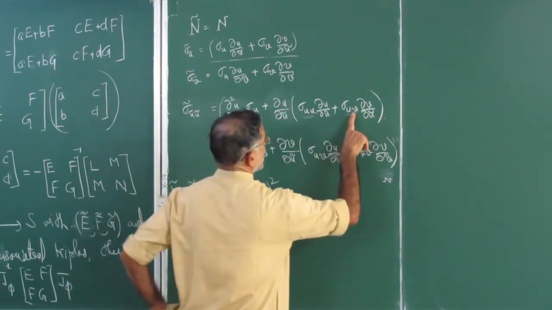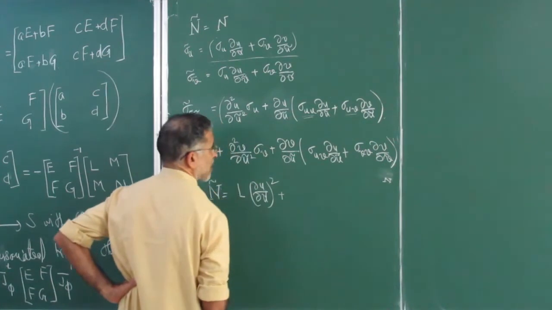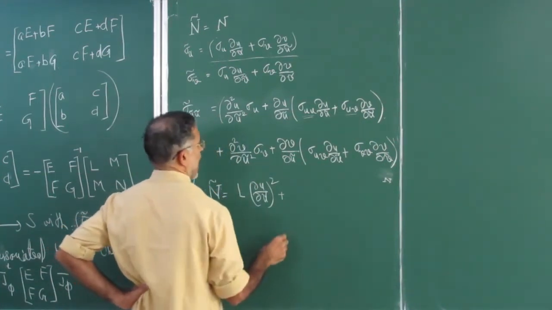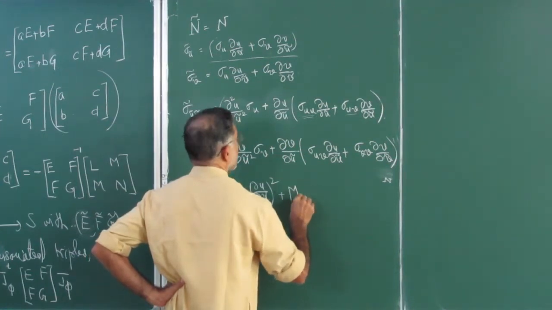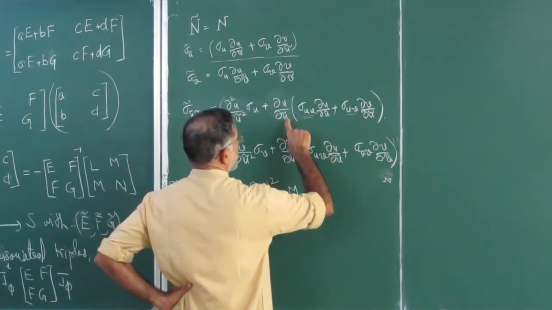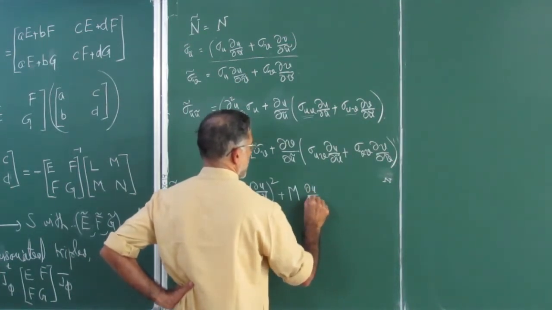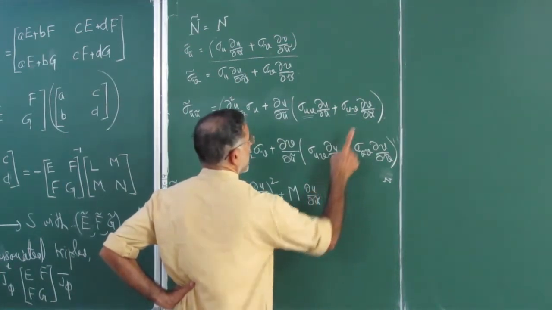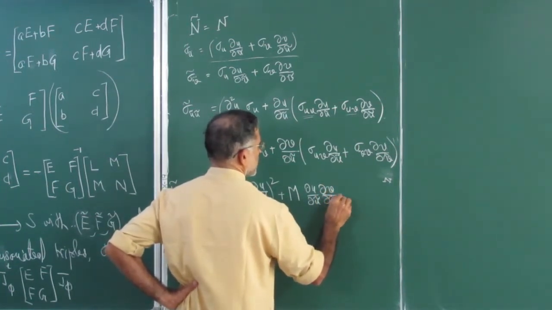So what do you get? This dot product with n will give you M. What do you get? du by du tilde, dv by du tilde. That's good.